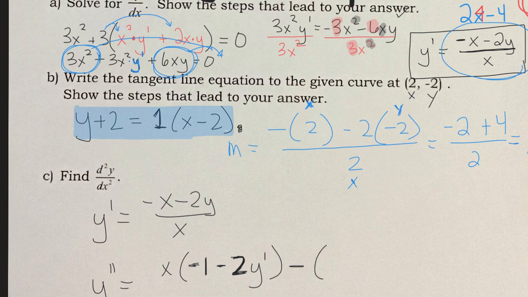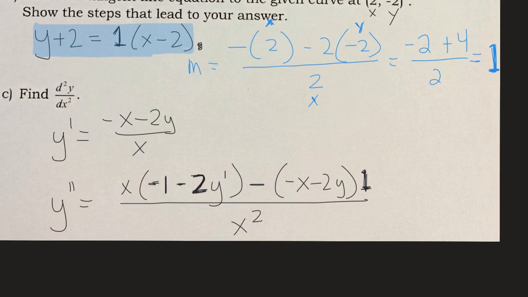Minus the high term, which is negative x minus 2y, times 1, the derivative of your denominator, all divided by denominator squared. Okay? So there's one thing to do, and that's replace y prime with its fraction that we came up with up there. Okay, so that's our last thing.